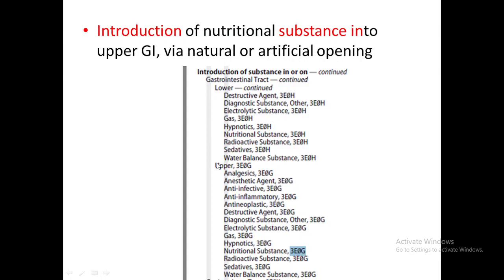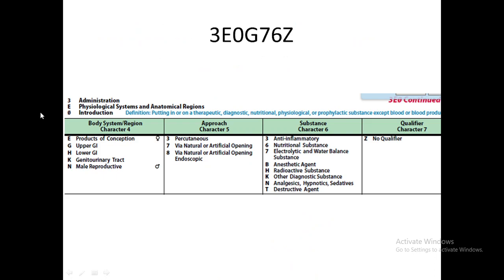And what we are introducing here is nutritional substance. So 3E0, and upper gastrointestinal tract, upper GI, and via natural or artificial opening.